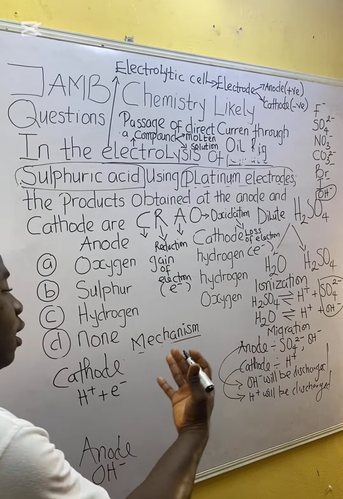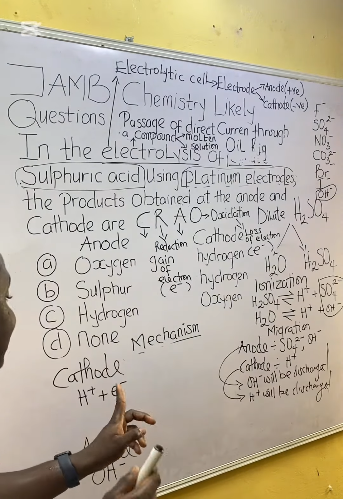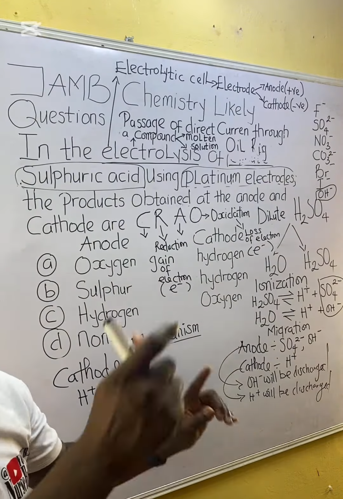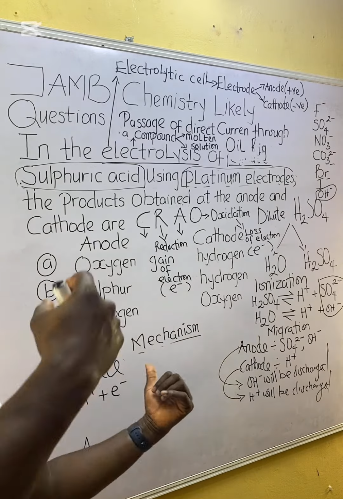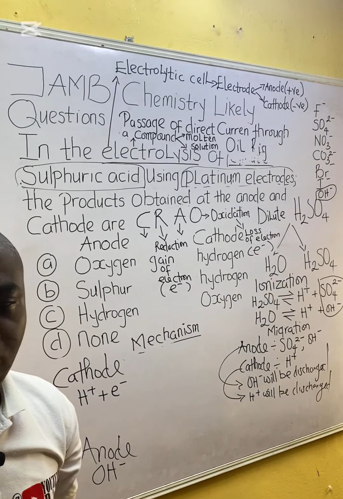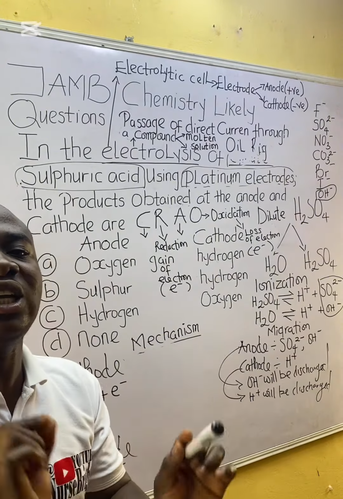Electron will be with it. If it was loss of electron, this electron would not be with the hydrogen, it would be at the product side. I believe you understand what I'm saying. It's simple. Gain of electron, the ion gains electron. So if H plus is now gaining electron, what do you think will be our product?